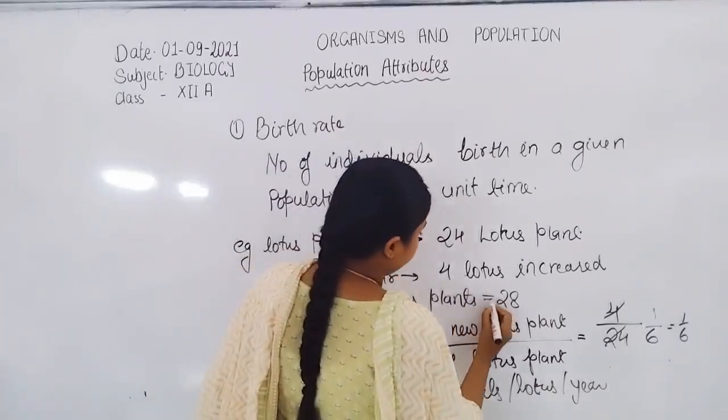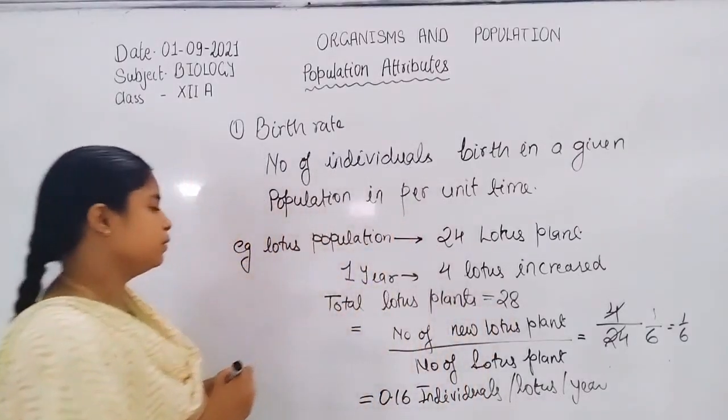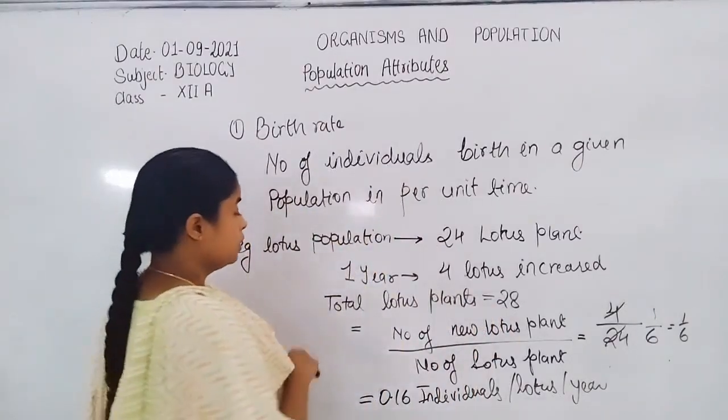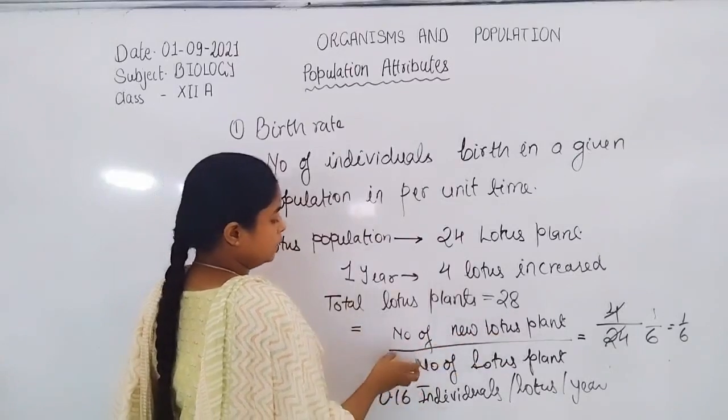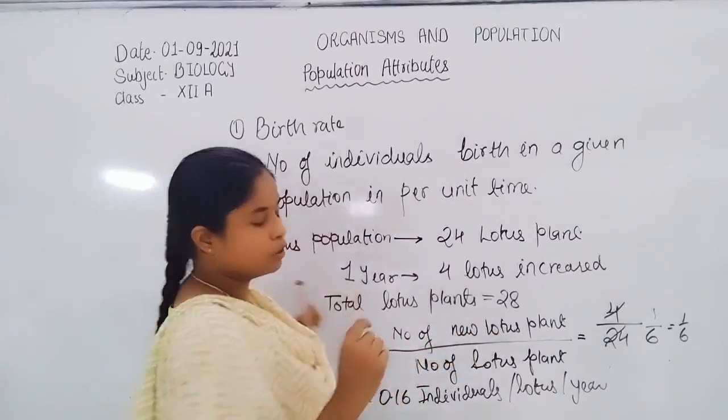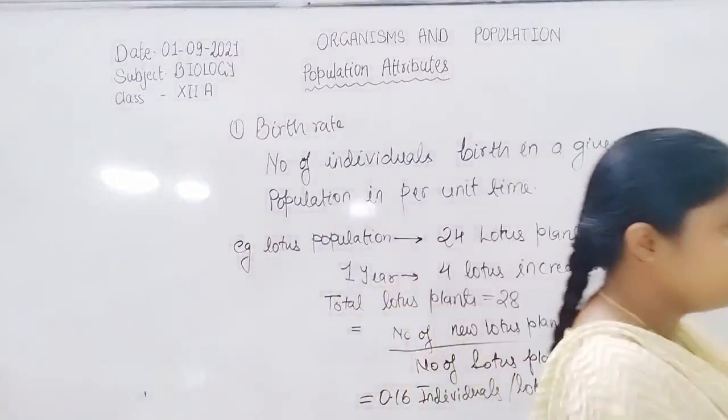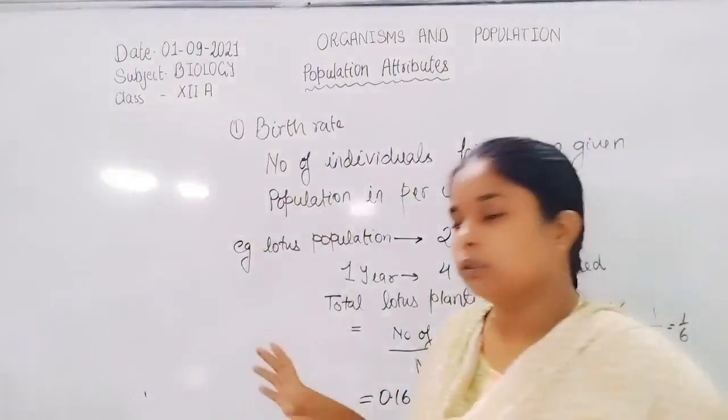But if you want to calculate the birth rate of a lotus population, the number of new lotus plants is always divided by the number of lotus plants before the birth.